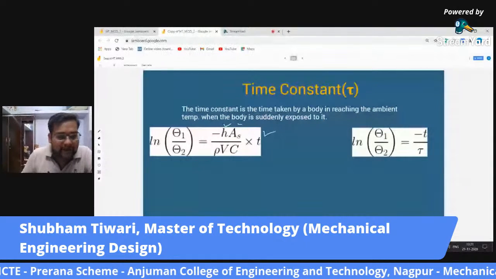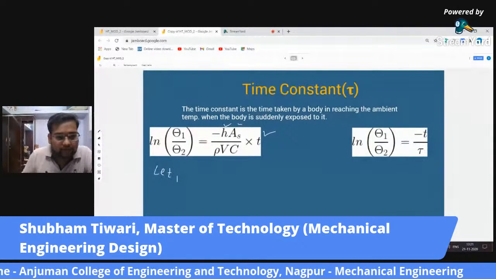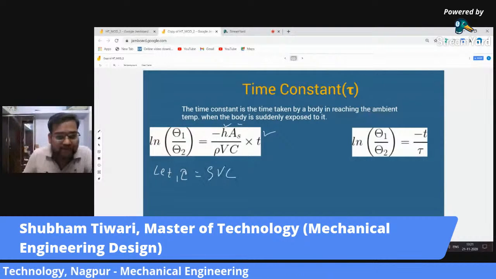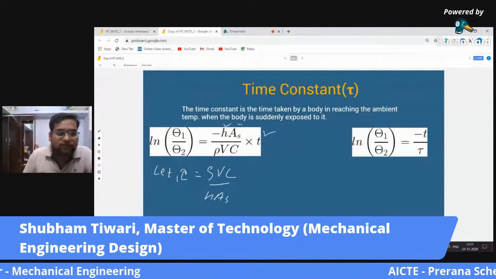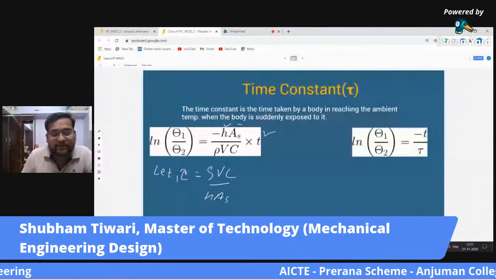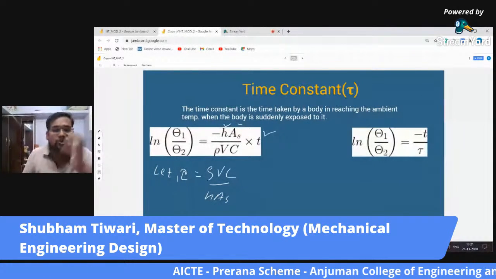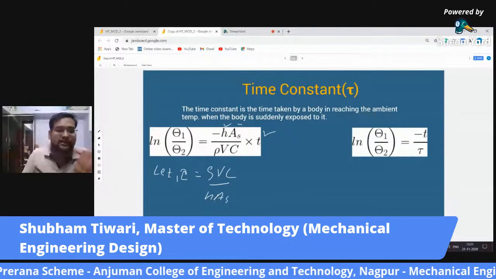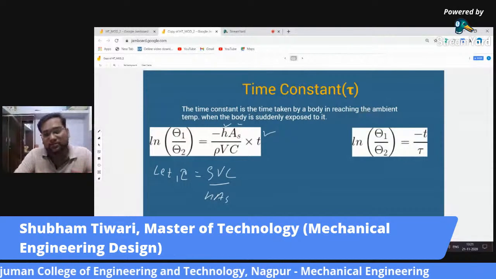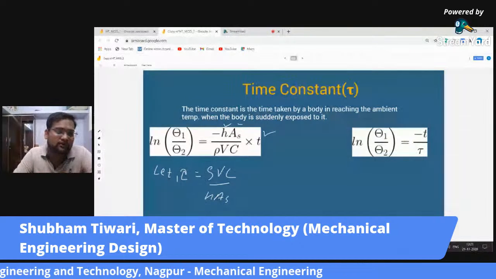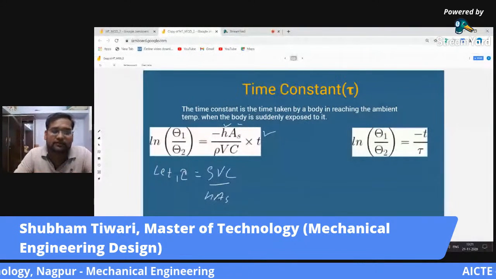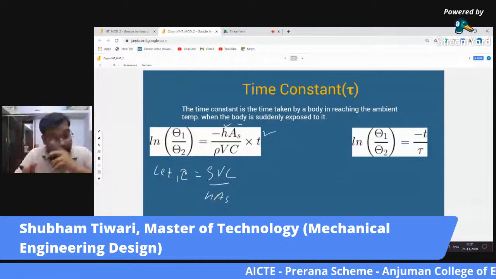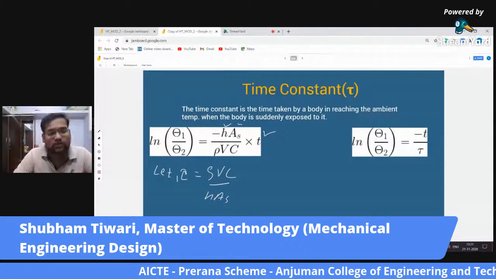Let us say tau is equal to rho V c upon hAs. Here As is the surface area. The A that we took was the surface area. Please keep it in mind because we are now in convection heat transfer. As we are talking about convection, we will talk about surface area only, and when we talk about conduction, we talk about cross-section area.